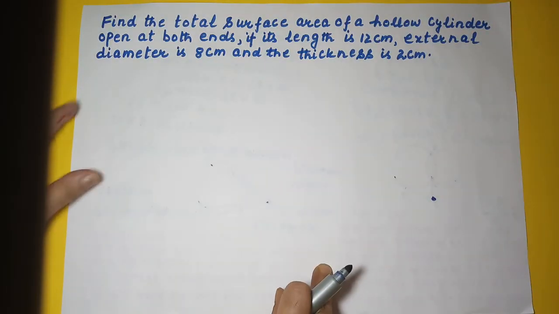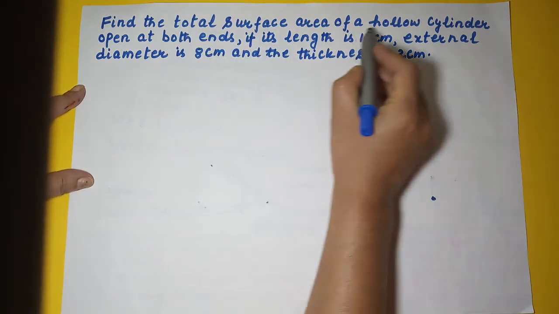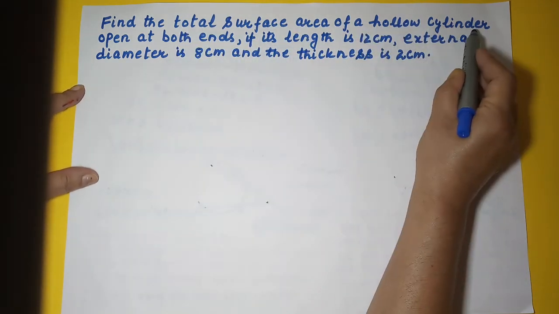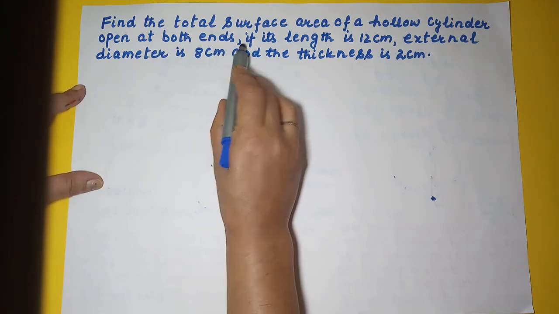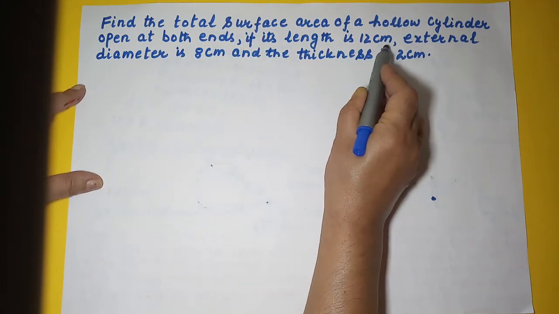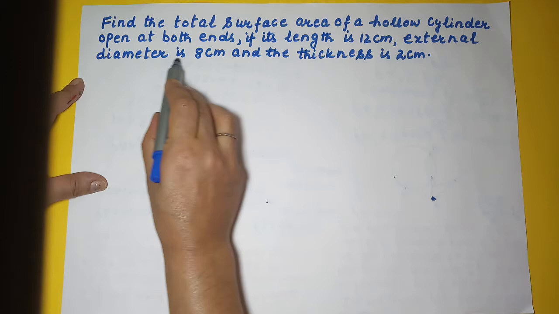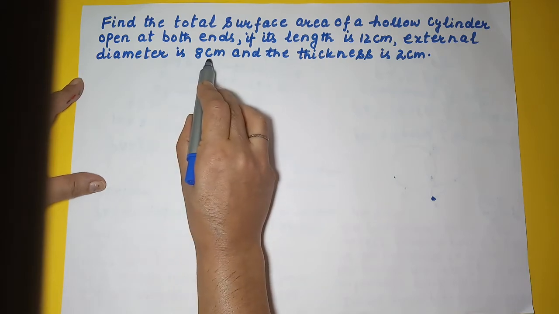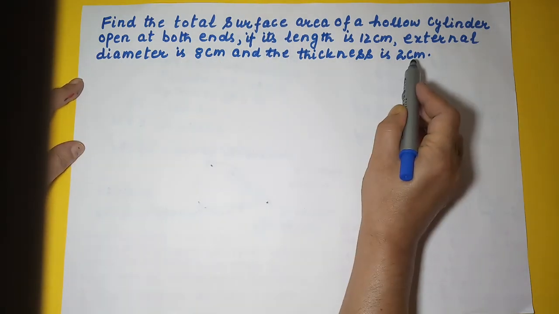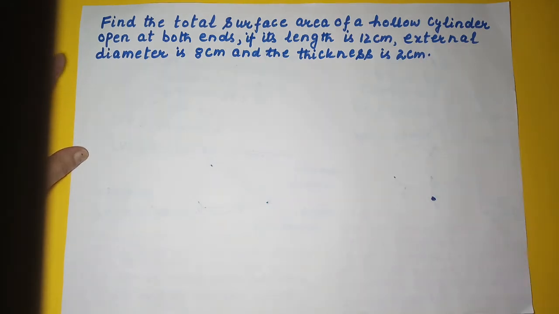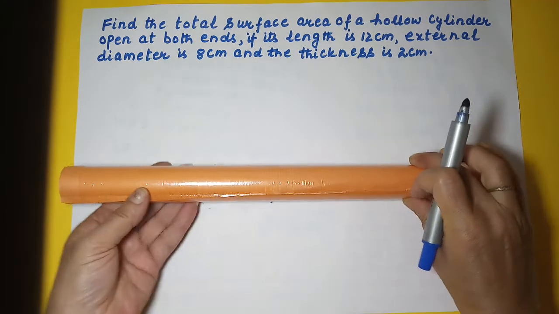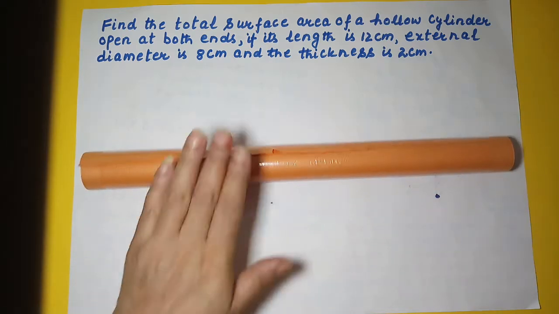In this sum, you have to find the total surface area of a hollow cylinder open at both the ends, right? If its length is 12 centimeter, length means its height is 12 centimeter, external diameter is 8 centimeter and the thickness is 2 centimeter, right? Now, the cylinder will look like this.